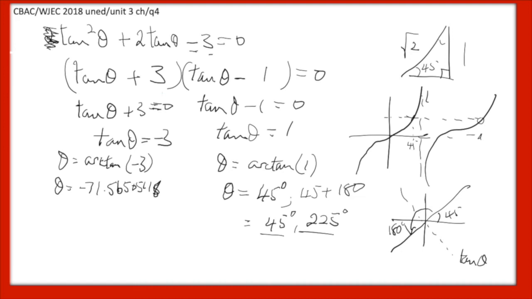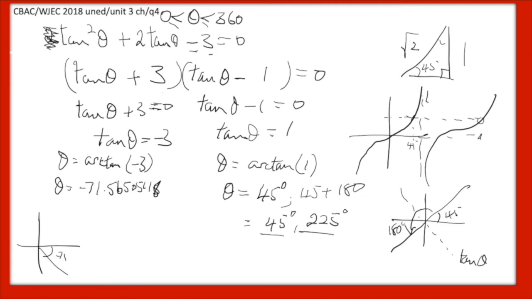Okay, that's my principal value, but it's not in the range that I require, because the range I require is that theta is between 0 and 360. So clearly what I've got here is my -71.